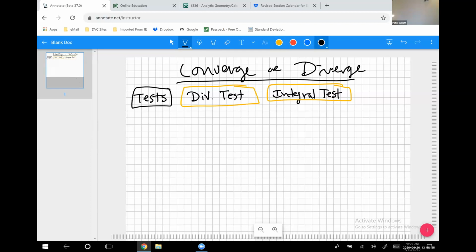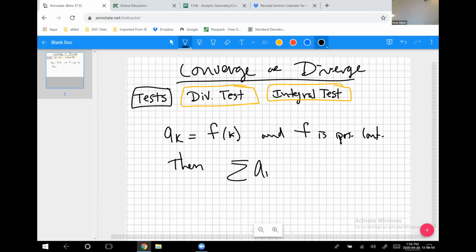It basically said, if you have a function and the a sub k's in your series can be expressed as a function where you plug in k to see what you get, and f is positive, continuous, a couple of normal expectations about f, then the series of the a sub k's and the improper integral from 1 to infinity of this function you're using to express the a sub k's converge or diverge together.